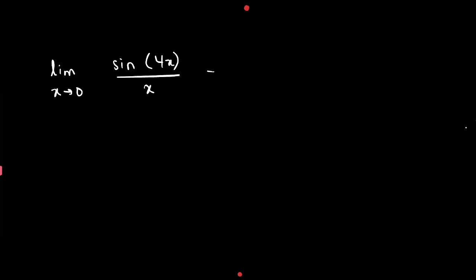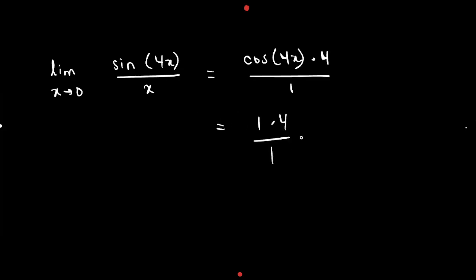We take the derivative of the numerator, which is cosine of 4x times 4, because of the chain rule, divided by the derivative of our denominator, which is just 1. Trying direct substitution now gives us the cosine of 0 times 4. Cosine of 0 is 1. 1 times 4 divided by 1 gives us a limit of 4. So there's our answer.